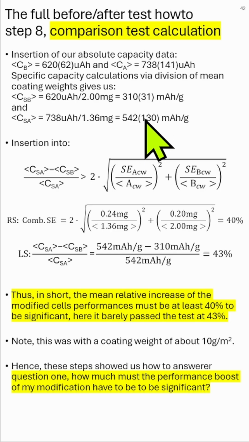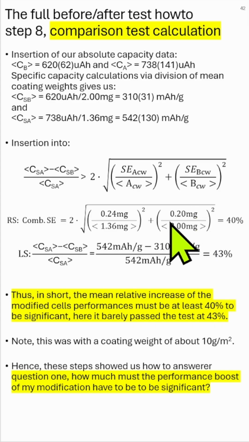Then we insert these two calculated specific capacity values into our comparison formula here. So if we look on the right side and do the relative combined standard error calculation, we take 2 times the square root of the individual relative errors. And we have for the first B set, we had 0.20 milligram divided by the mean coating weight of 2 milligrams.